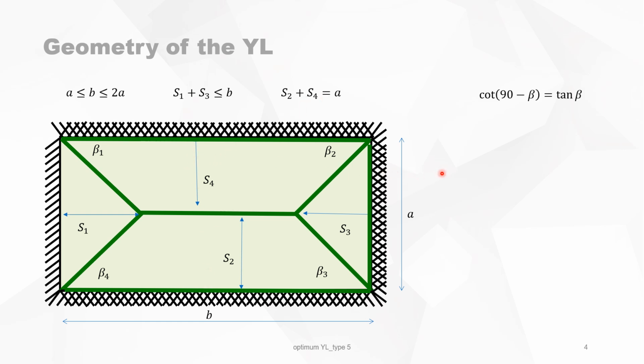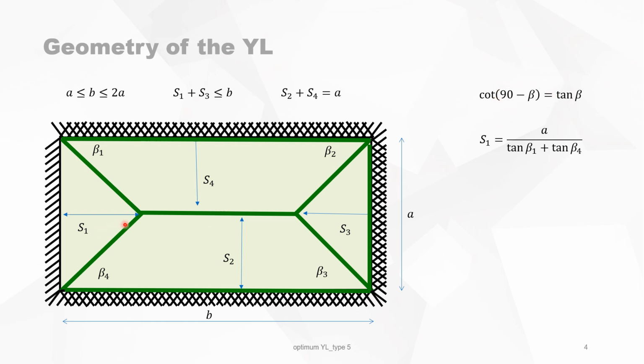Now we will use the cotangent rule of triangles, which means that the height of a triangle is equal to the base of a triangle divided by the summation of the cotangents of the two adjacent angles. But we know that the cotangent of 90 minus beta is equal to the tangent of beta.